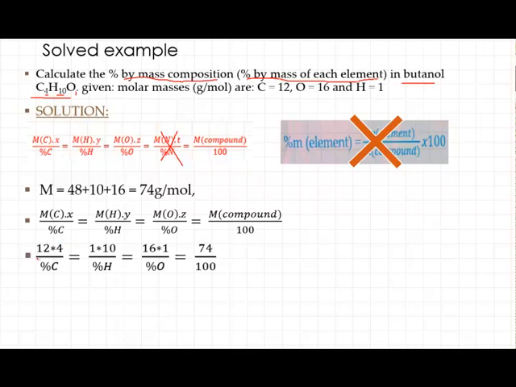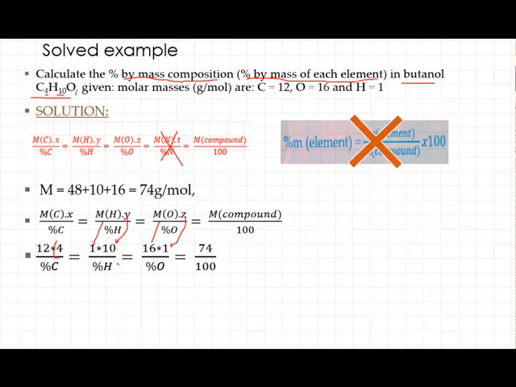The molar mass of carbon is 12, the subscript is 4 here. The same for the molar mass of hydrogen, which is 1, and y is equal to 10, which is in the molecular formula. The molar mass of oxygen is 16 and the subscript Z of oxygen in the molecular formula is 1.